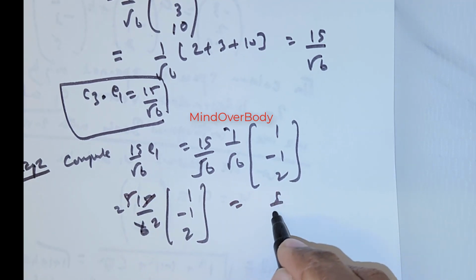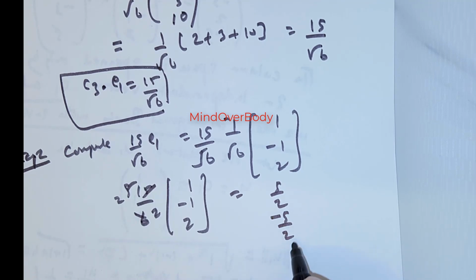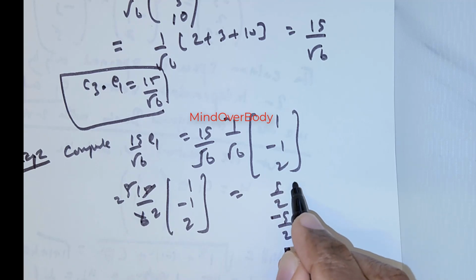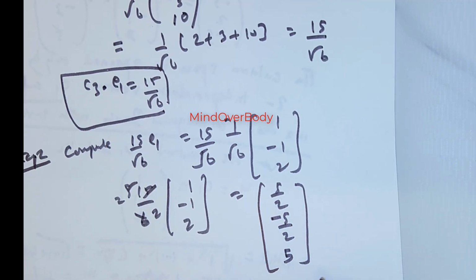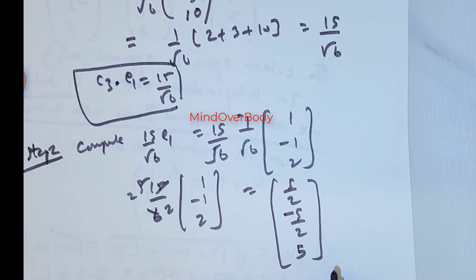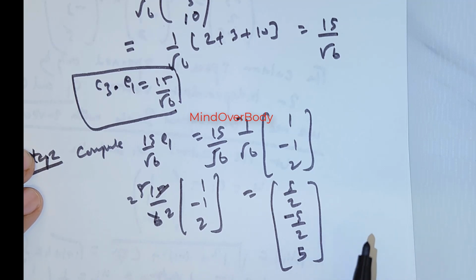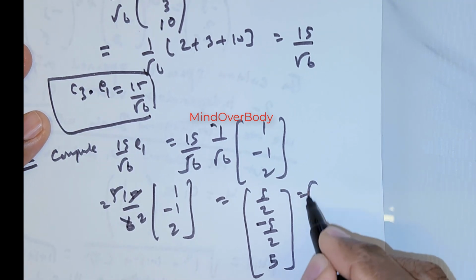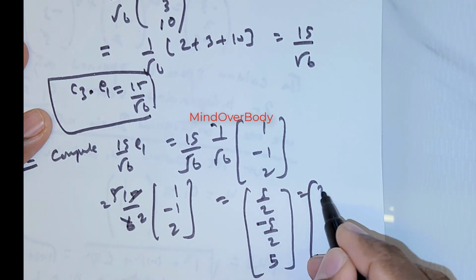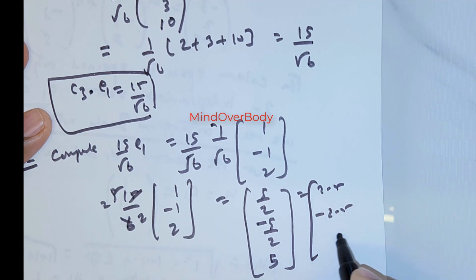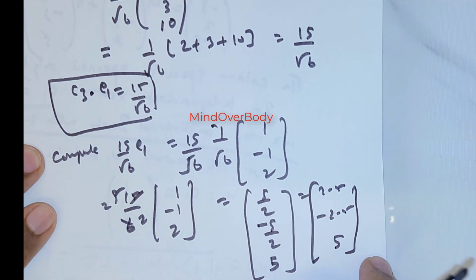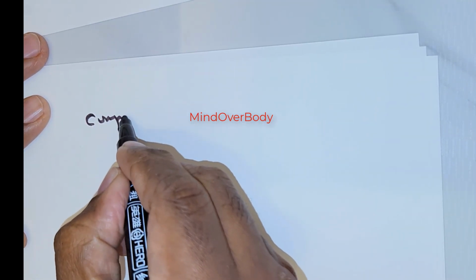So this is 5 over 2, negative 5 over 2, and 5. Probably you can simplify this: 5 divided by 2 is 2.5, negative 2.5 and 5.